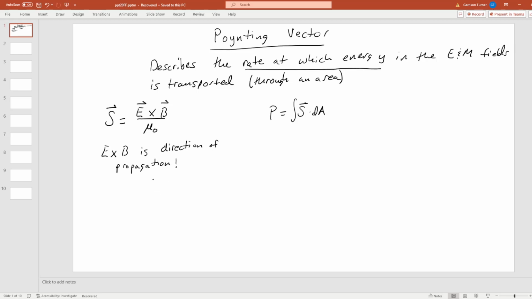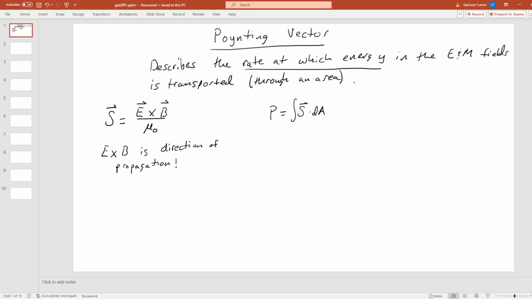Okay, so E cross B is the direction of your propagation, and the actual calculation of E cross B represents the rate at which your energy is being transported by the fields through a given area. Okay, so if you know what area you're going to be considering, then you can get the total power that the system is delivering. Okay.